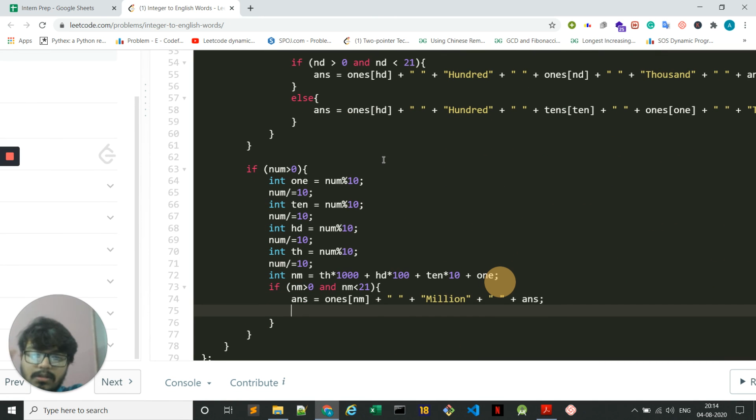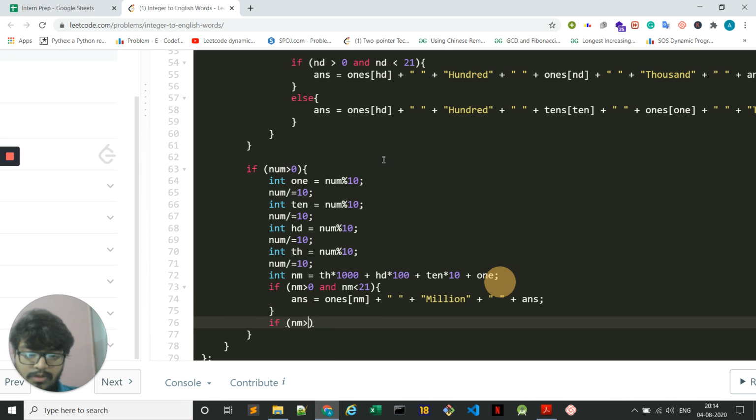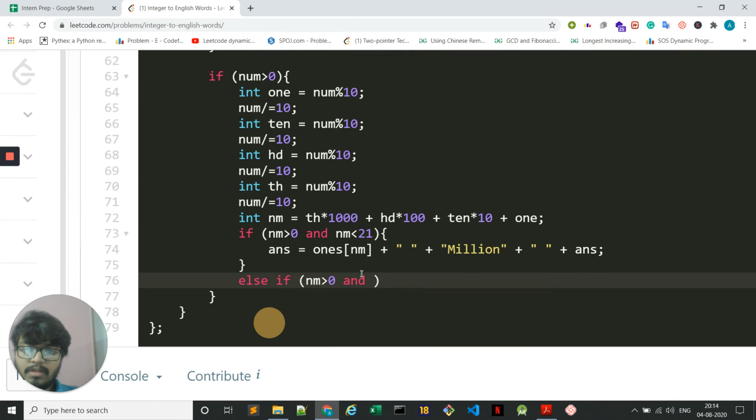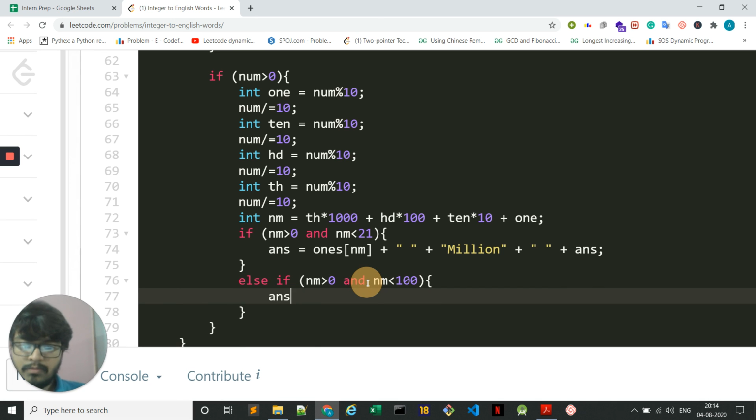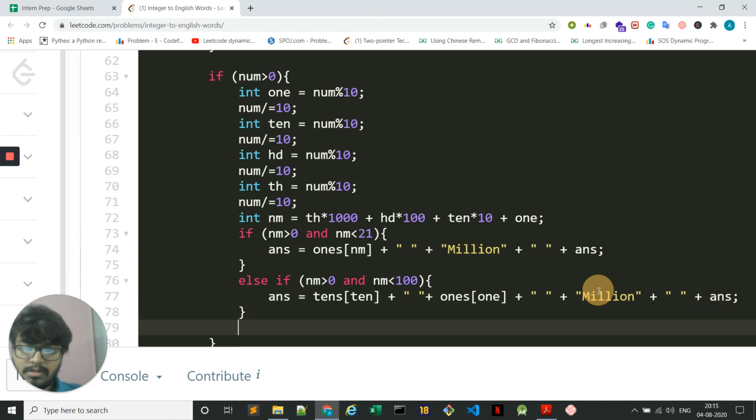Now the second thing: else if nm is greater than 0 and nm is less than 100. So we have two digits in the nm, so that is also easy. Why? Because we have tens of nm or tens of 10 in this case, ones of 1. This is also done.